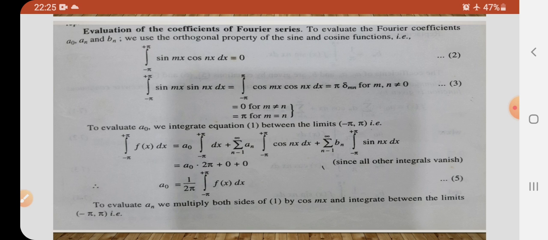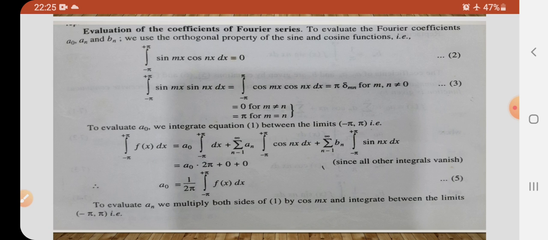Or we can say the integral over minus pi to plus pi of sin mx sin nx dx equals the integral from minus pi to plus pi of cos mx cos nx dx equals pi delta_mn. Here delta_mn is the Kronecker delta and its value is 0 for m not equal to n and pi for m equal to n. So this is the orthogonal property which we are going to use.